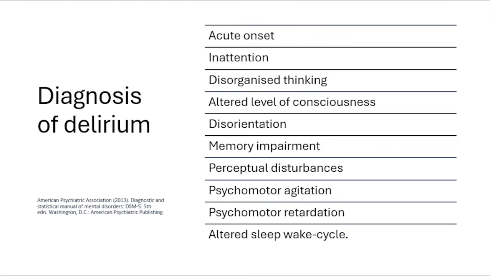If you notice a sudden change in behavior, you might think that this man is crazy, or has a mental illness or something like that. But if it is a sudden change in behavior, it is very likely that delirium is high on the list.